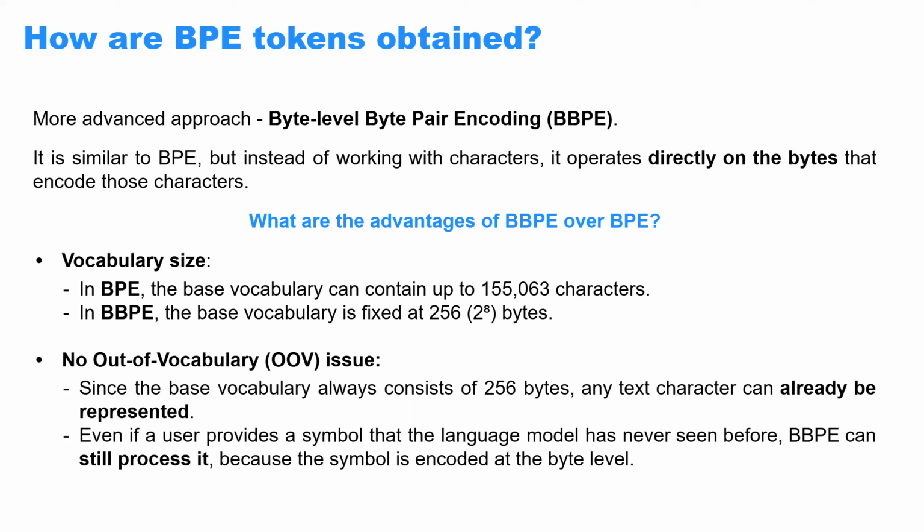This approach actually uses bytes because computers see letters as bytes. So why not encode bytes instead of letters? This helps to solve several problems. For example, there are more than 155,000 characters in Unicode. However, there are only 256 unique bytes, so we have a very small base vocabulary.